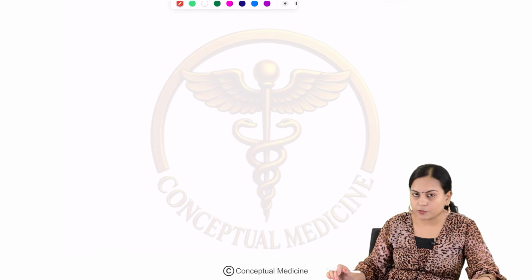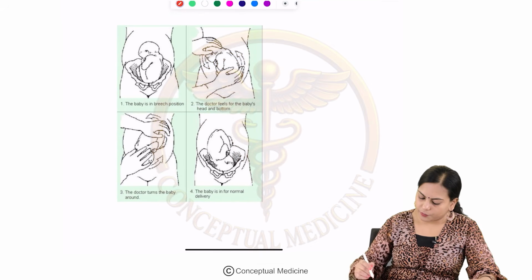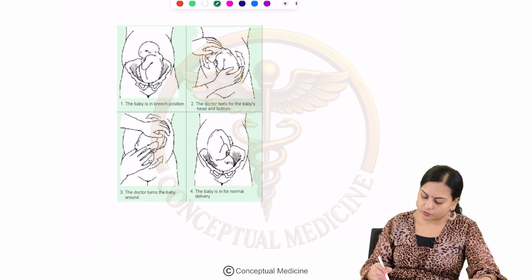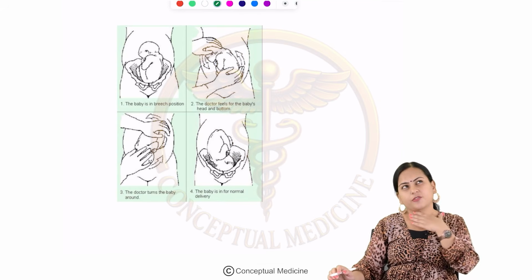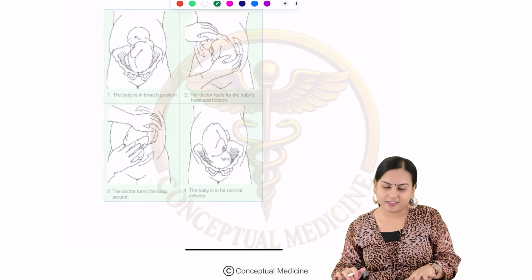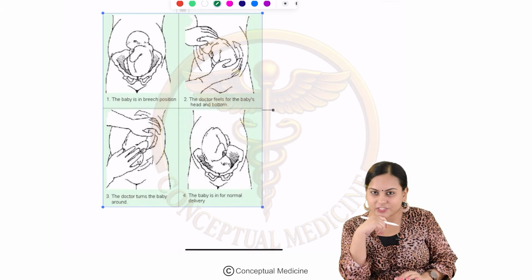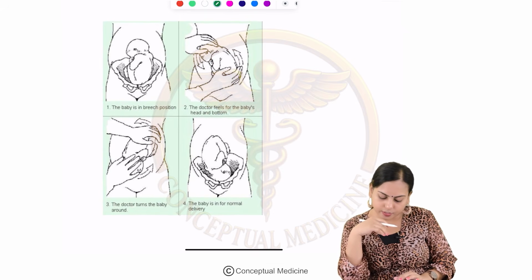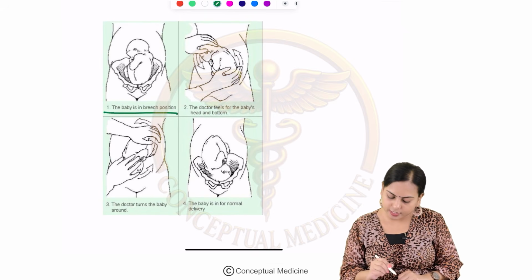First, let me show the procedure. So, this is about the external cephalic version. I hope you were able to see the Rajnikant movie Endhiran, where the robot performs this procedure, right? So, this is what it is talking about. Here the baby is in breech presentation first.